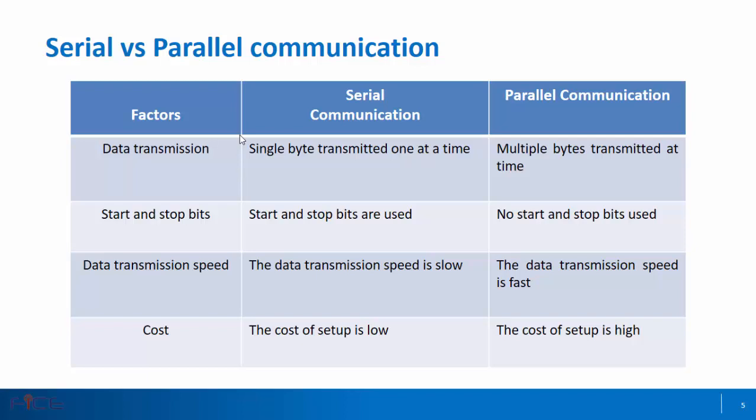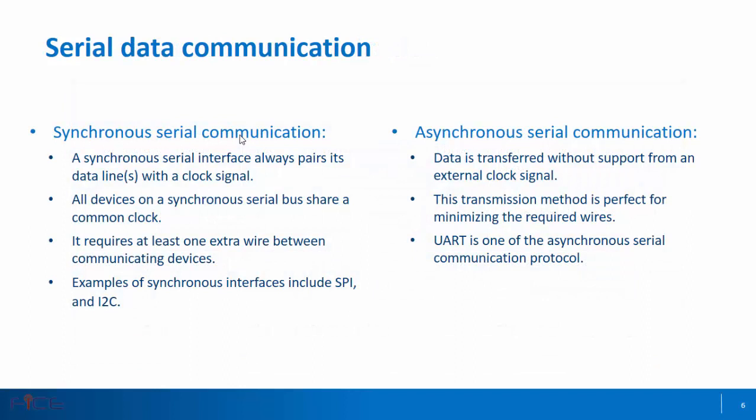Let's talk more about serial communication. Serial communication is further classified into two types. One is synchronous serial communication, where sender and receiver always pair its data lines with a common clock signal.